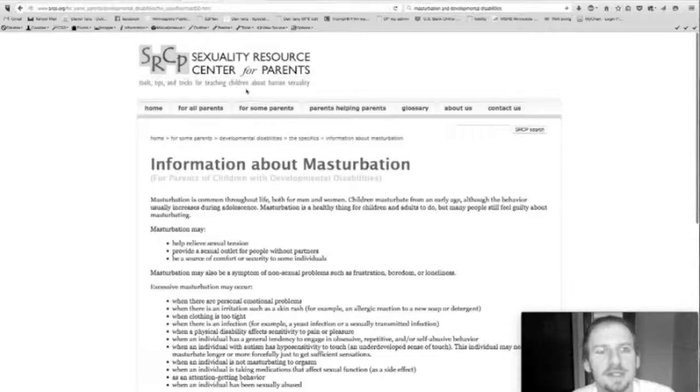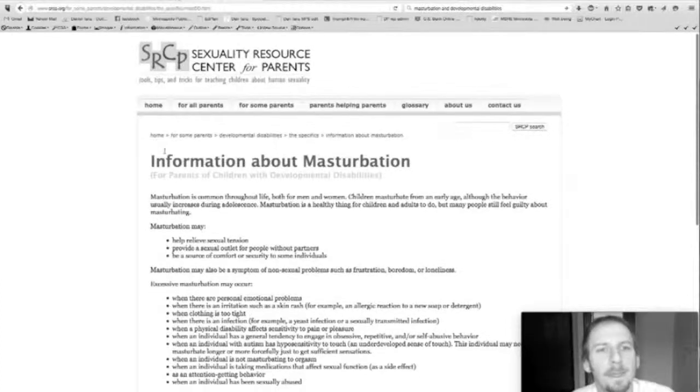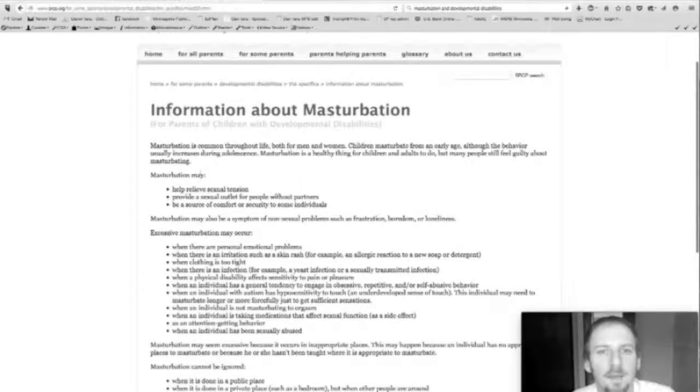Here it says, from the Sexuality Resource Center for Parents, information about masturbation for parents of children with developmental disabilities. Masturbation is common throughout life, both for men and women. Children masturbate from an early age, although the behavior usually increases during adolescence.